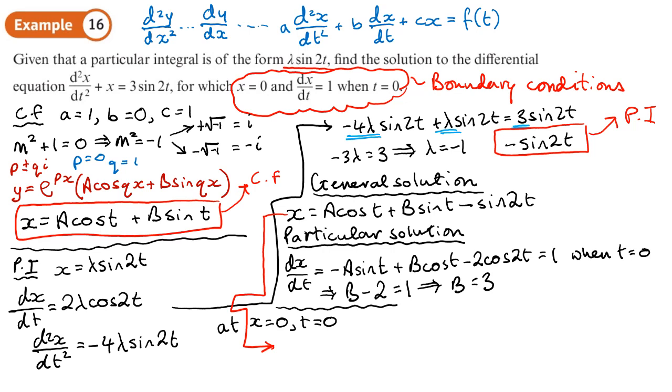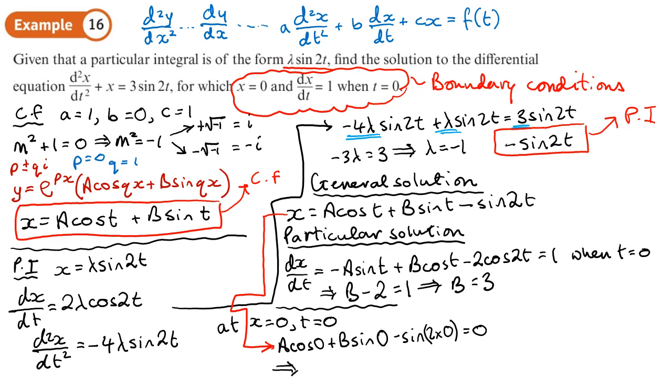That will give us a cos 0 plus b sine 0 minus sine 2 times 0, I don't really need to write all of this out, equals 0.